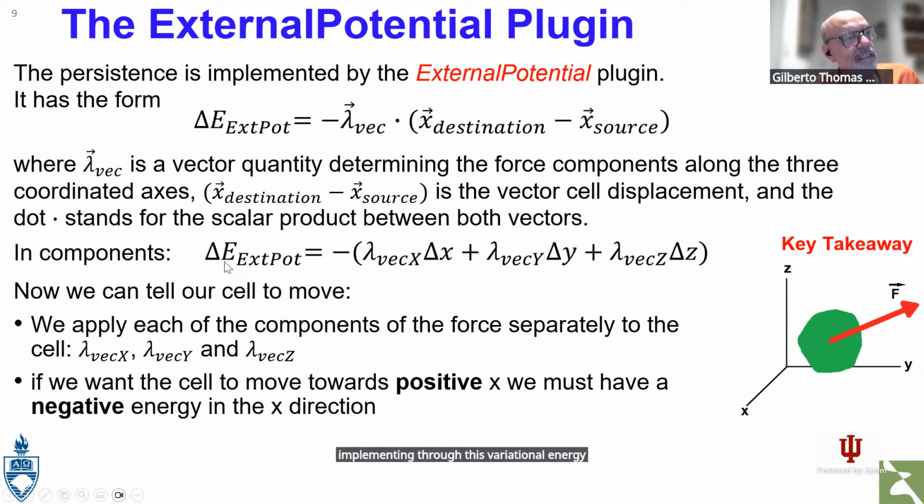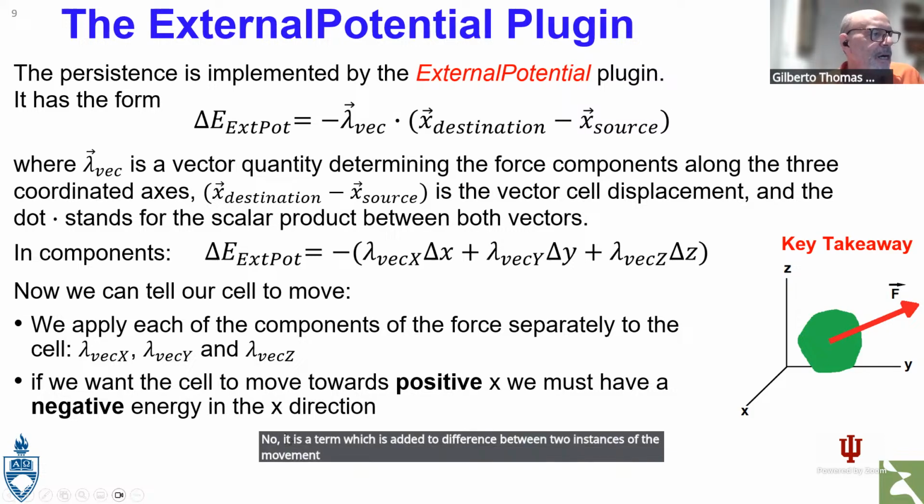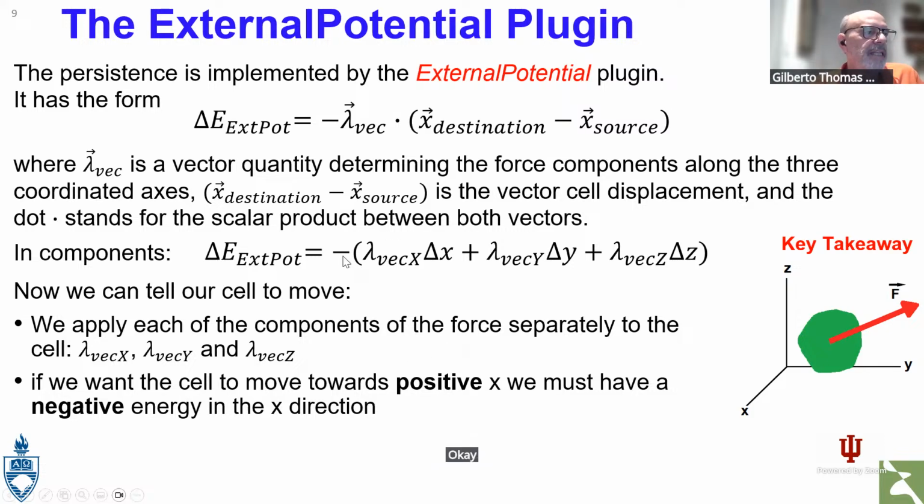Note that the external potential plugin acts not on the energy, but on the difference of energies, not the energy before and the energy after. No, it is a term which is added to the difference between two instances of the movement. Okay? We have the sign here to make the cell move in a positive direction.